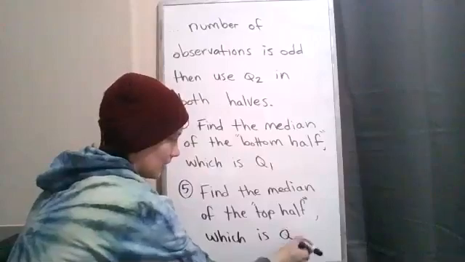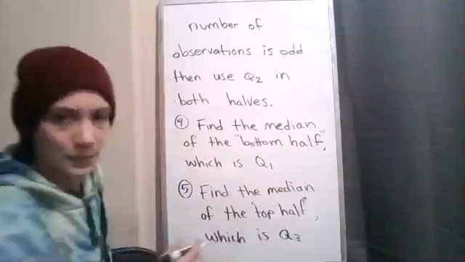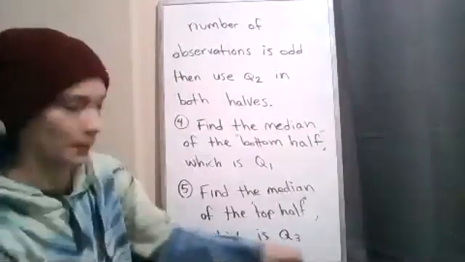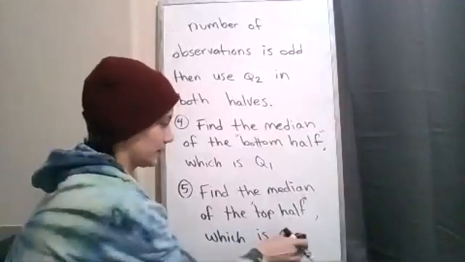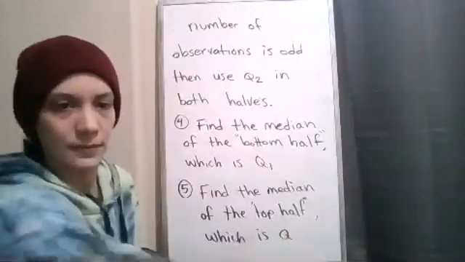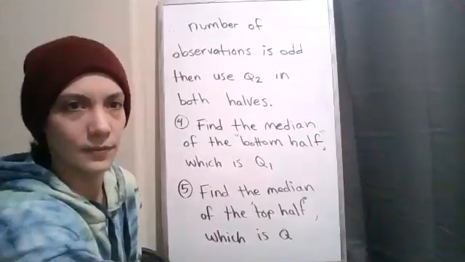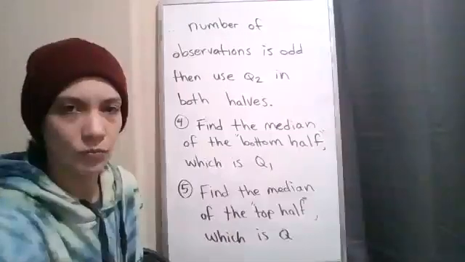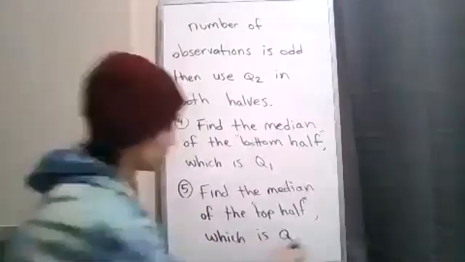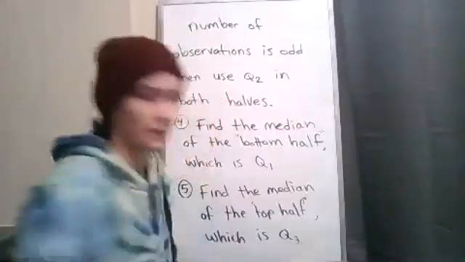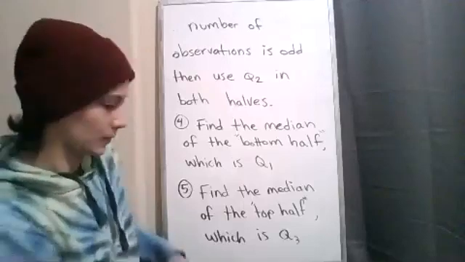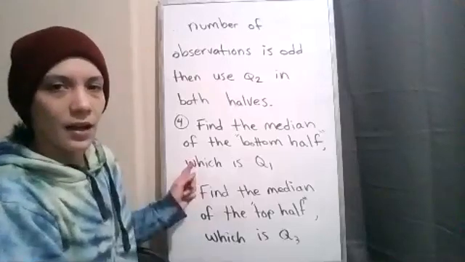When we have an odd number for the median of the whole set, when you're finding Q2, do you use that same step for Q1 and Q3, if you have to find a middle but it's an odd amount of numbers, do you include it in both halves?